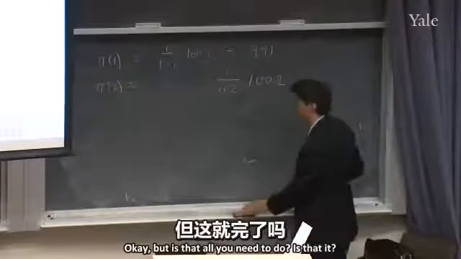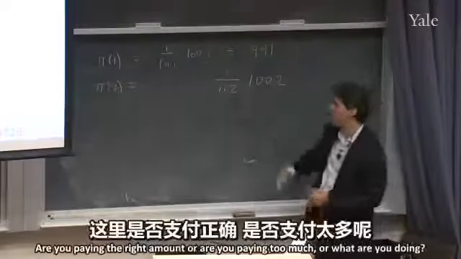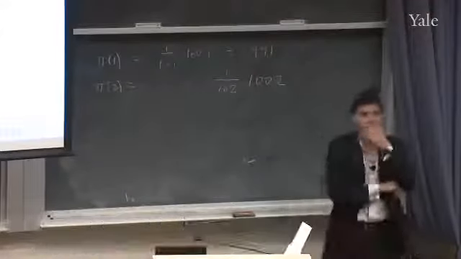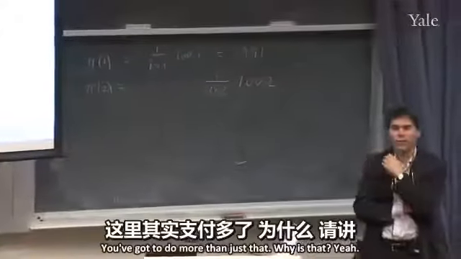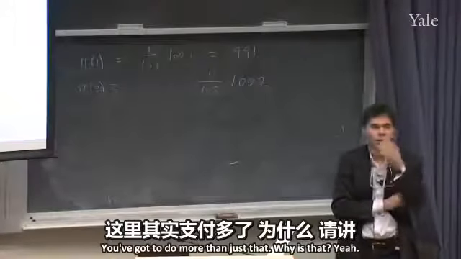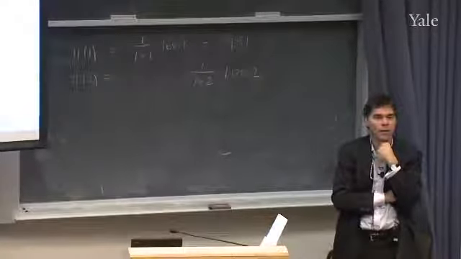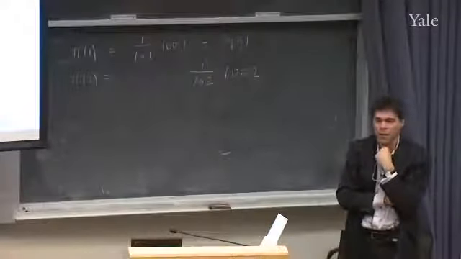Okay, but is that all you need to do? I mean, is that it? Are you paying the right amount? Are you paying too much? You've got to do more than just that. Why is that? When you subtract 2 times the current price of the 1-year bond, pi what?